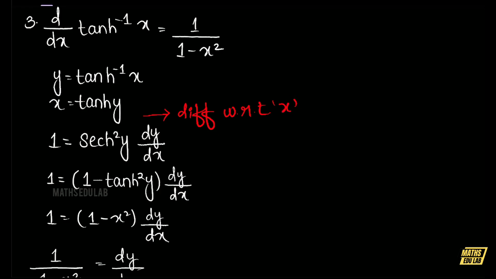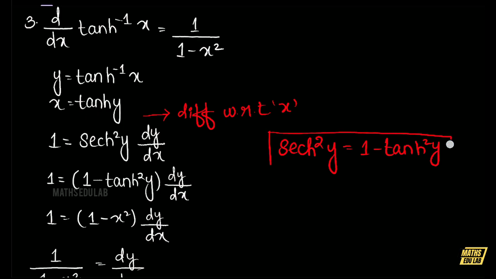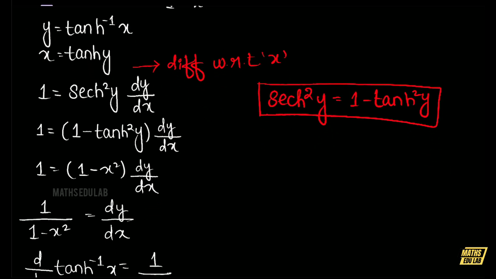So the derivative of x will be 1, and the derivative of tan hyperbolic y will be sec hyperbolic square y dy by dx. Here also we have to follow the formula sec hyperbolic square y is equals to 1 minus tan hyperbolic square y.